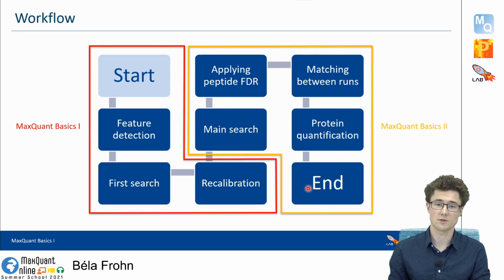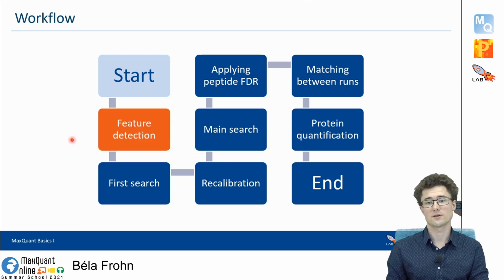As you can see, MaxQuant is really straightforward, it does one step after the other, so it's really nice to validate what it's doing if you understand what's happening here. We will now try step by step to understand what's happening inside each of these boxes.